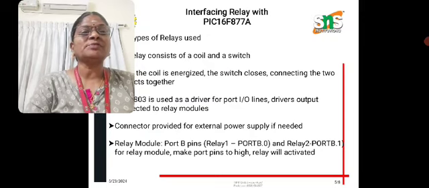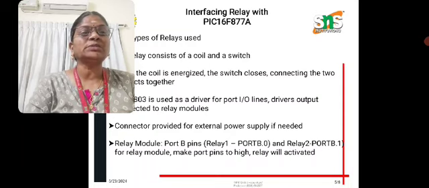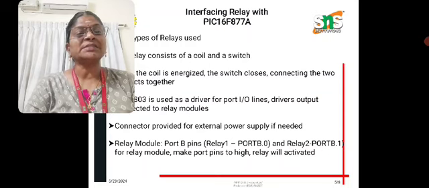There are types of relays used, and a relay consists of a coil and also a switch. When the coil is energized, the switch closes, connecting the two points together. Here we use a driver for the port input output lines, and the driver's output is connected to the relay modules. A connector is provided for external power supply if needed.